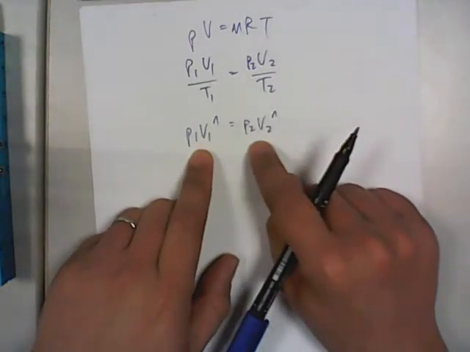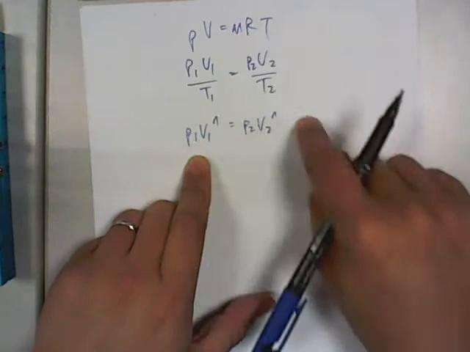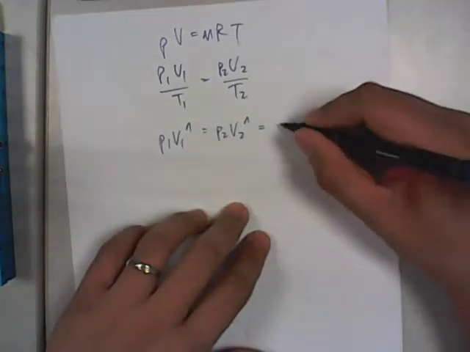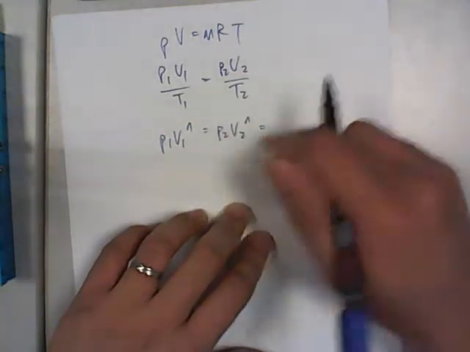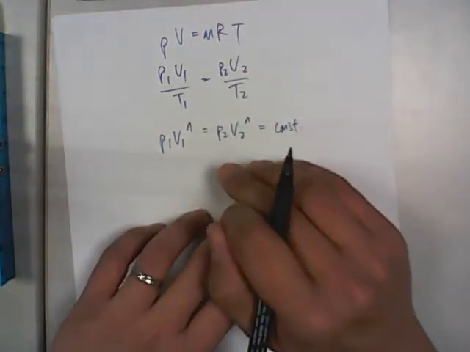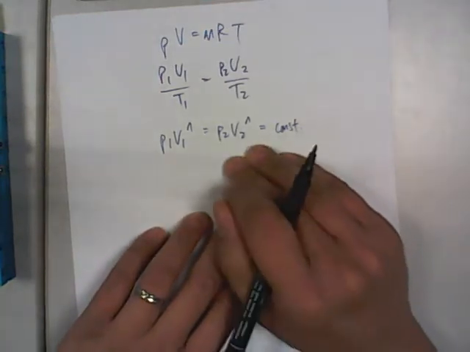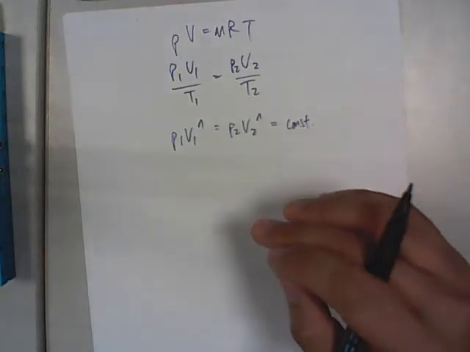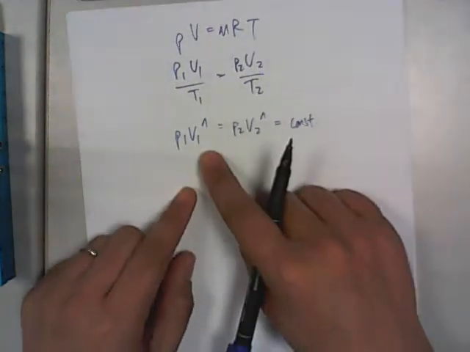Since these two are the same, PV to the power of n remains constant, which you will often see in the question. Then straight away you will know that the question is trying to address a polytropic issue. So this is the additional one.